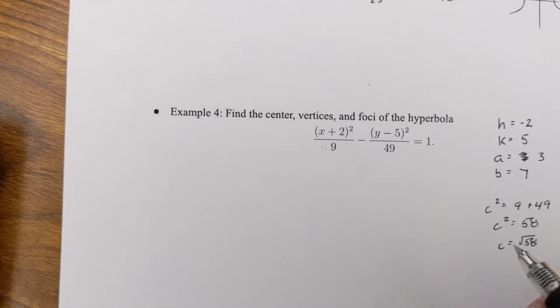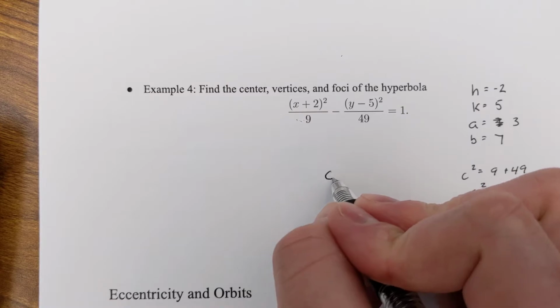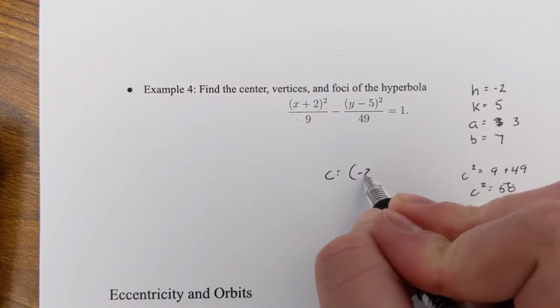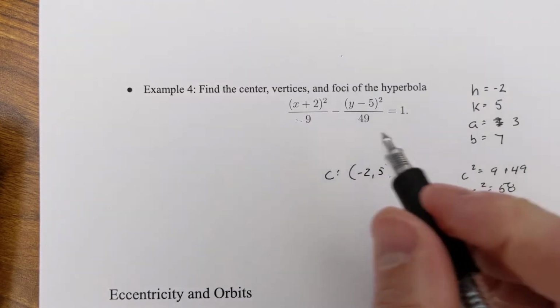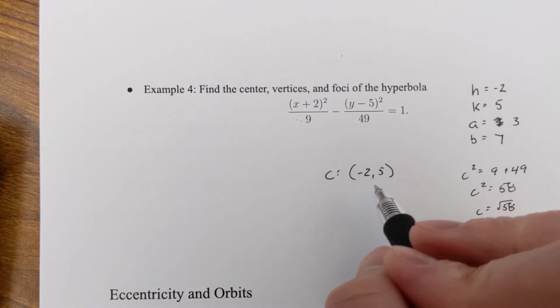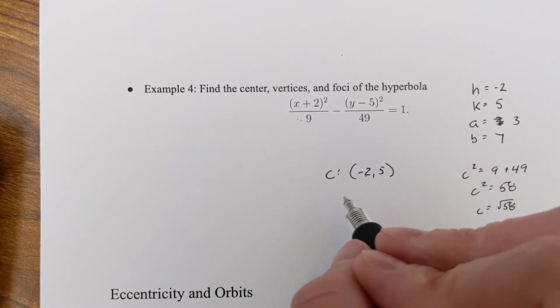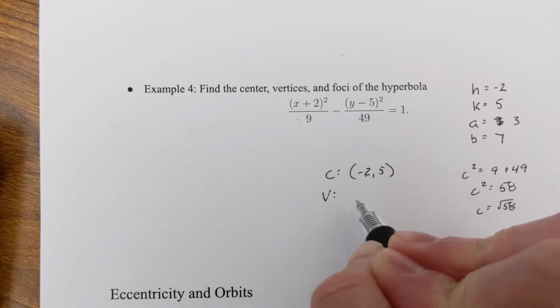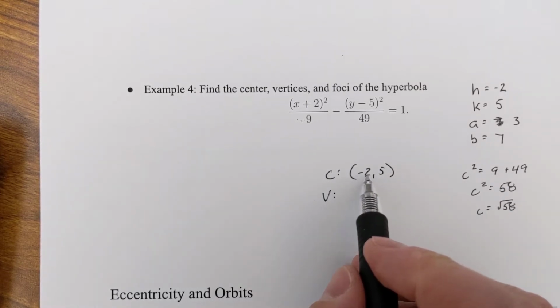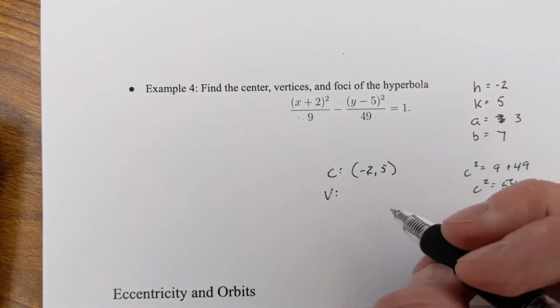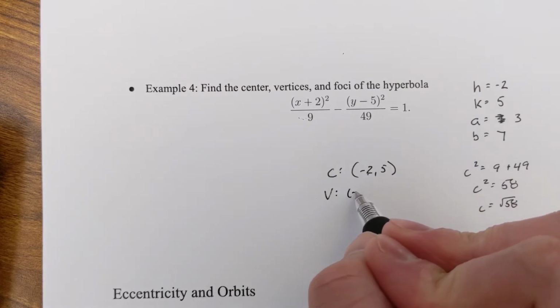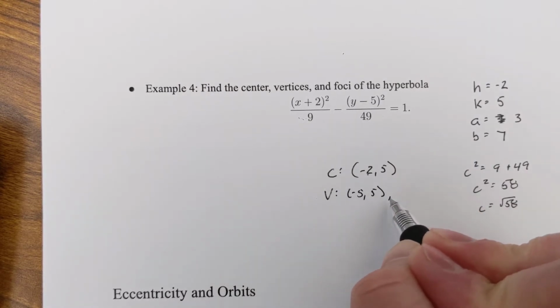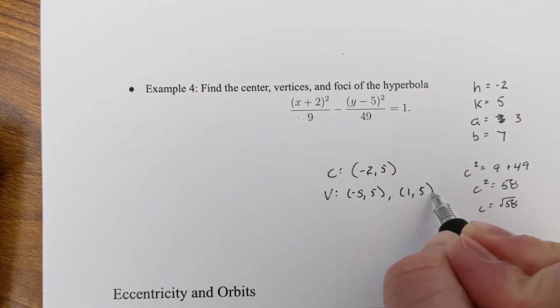So the center lies at (h, k), negative 2 comma 5. This one opens left-right because x is first, which means everything's going to be added to the x value. The vertices, there'll be two of them: h plus a and h minus a. So (-5, 5) and (1, 5).